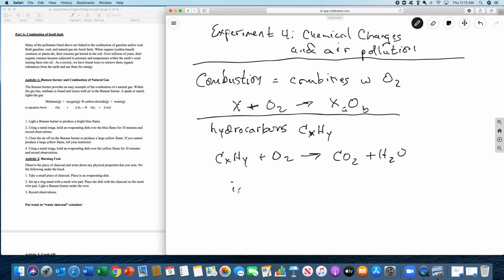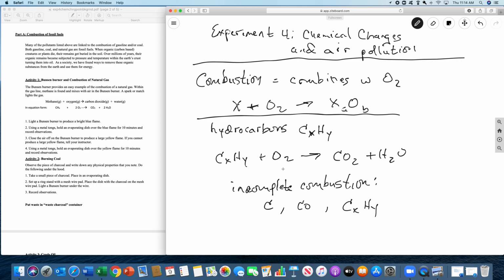So from incomplete combustion, you can get unburned carbon, you can get carbon monoxide, you can get shorter chains, so let's say CxHy, but lower x's and y's. So if this is an 8, this might be a 3. So you get all sorts of stuff, and so we're going to look at that.